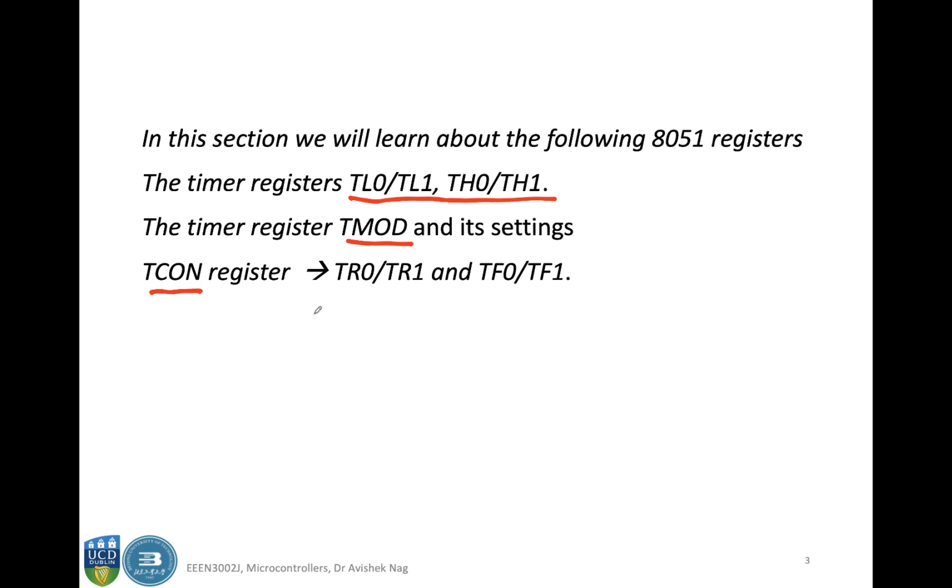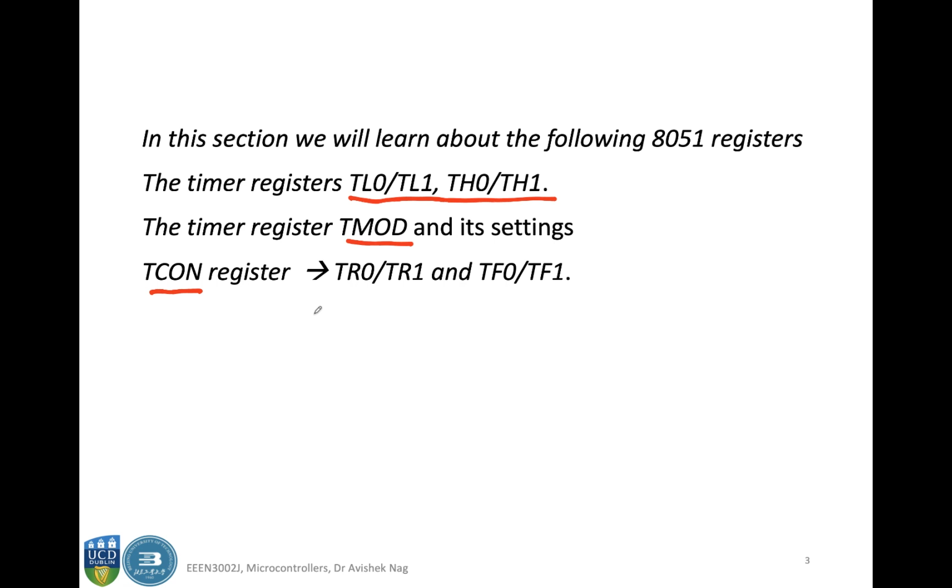The main idea is that whenever there is an operation that involves some delay, or to count something, let's say you want to count the number of goods produced in an industry for one day.